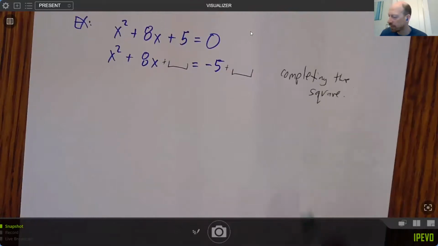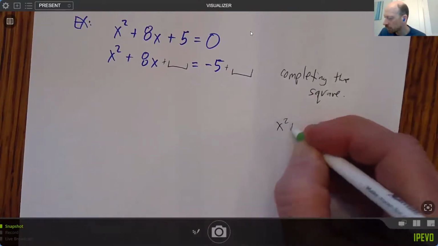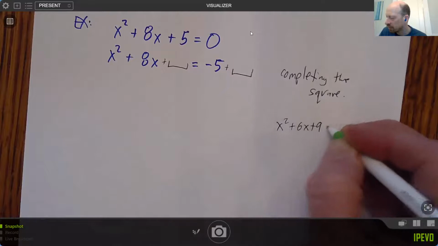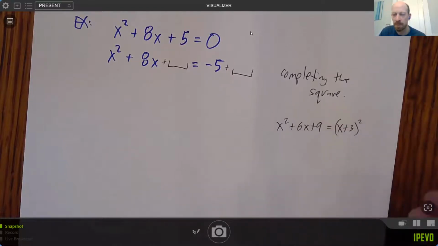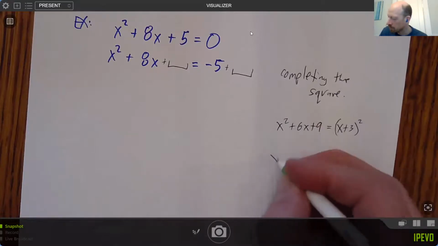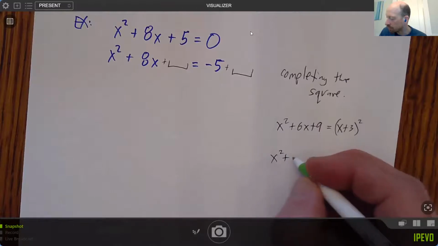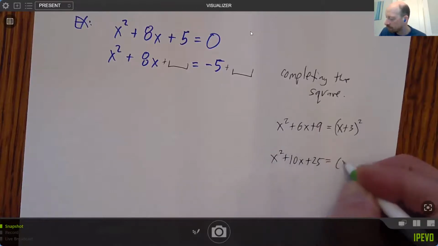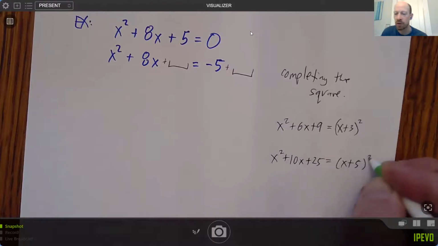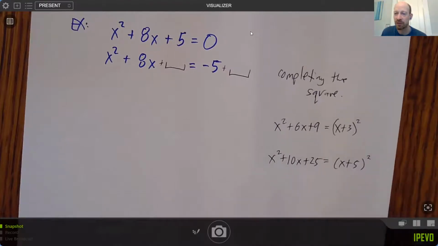I'll write down the last problem here just so we remember it. X squared plus 6x plus 9 turned into (x plus 3) squared. Give you another one. X squared plus 10x plus 25 turns out to equal (x plus 5) squared.